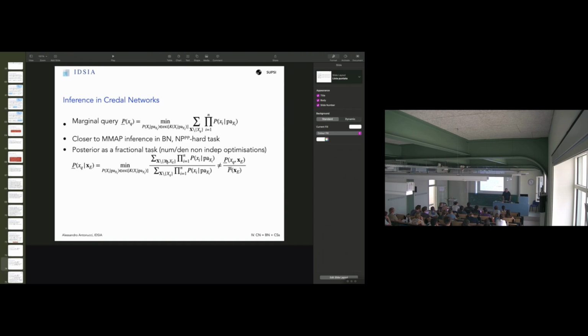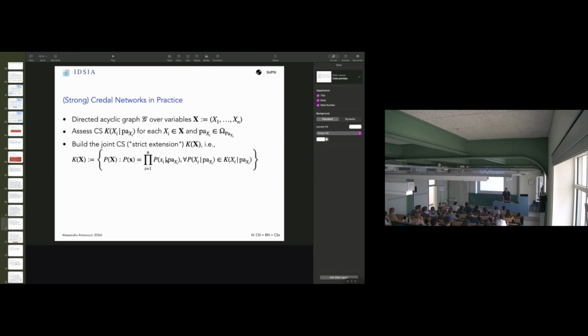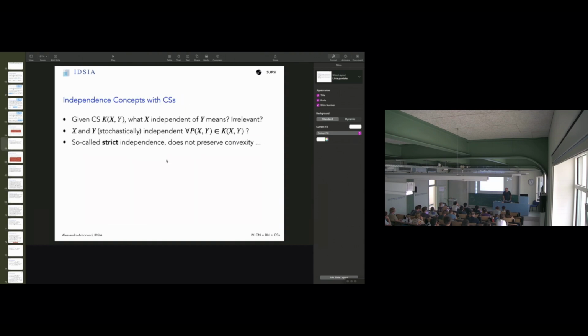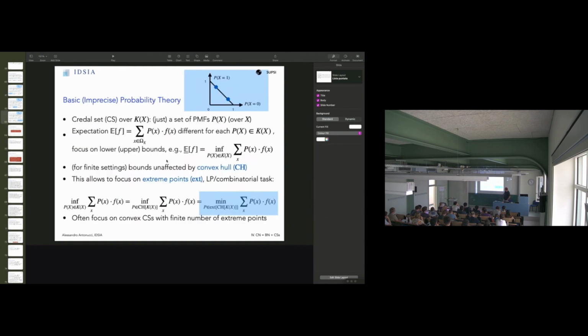This is still a credal set. If the credal sets have only a finite number of points, which is very often the case, then I take the convexification, then I take the extreme points, but the solution is the same.